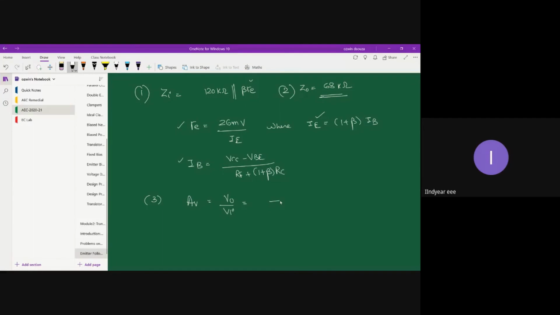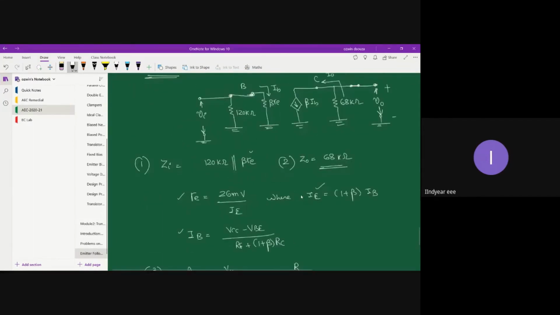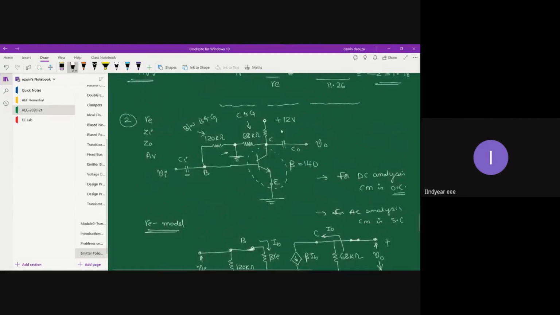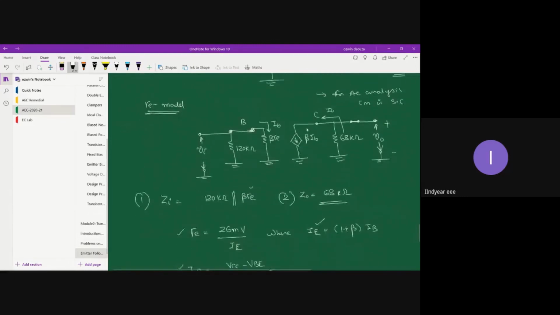So AV you will get as minus 68 kilo ohm divided by RE. Is there any RC? Oh yeah, RC is given, I have missed out, 3 kilo ohm. Sorry, RC is there. So this is where the RC comes into picture. 3 kilo, this is your RC.